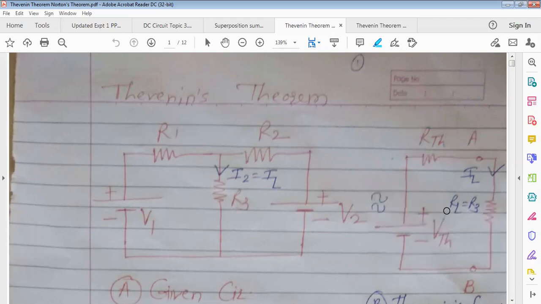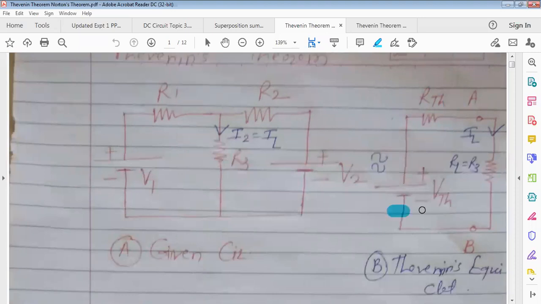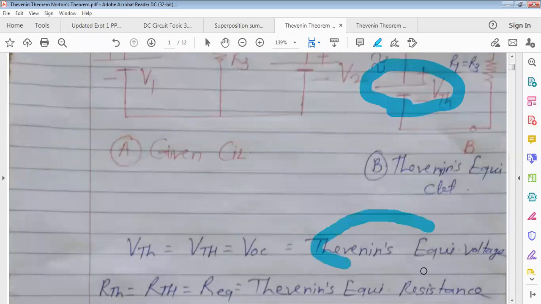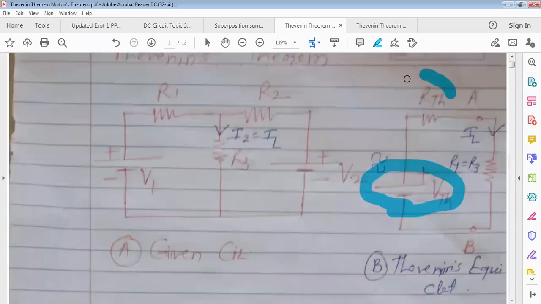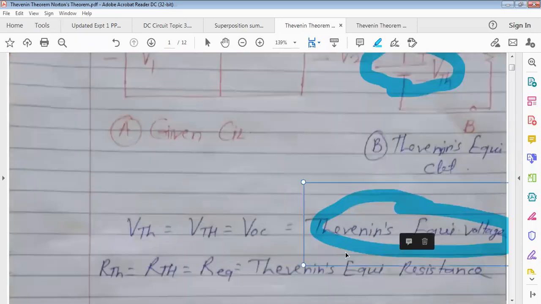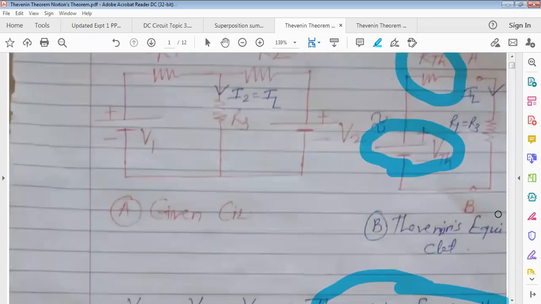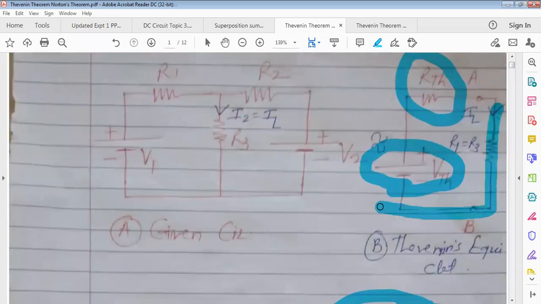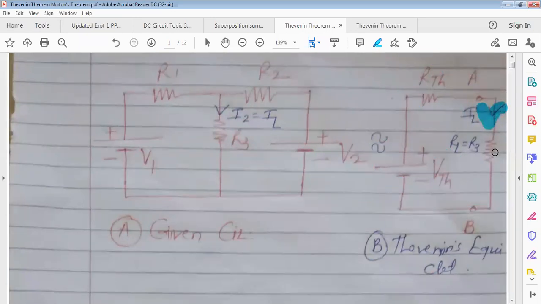Okay, now here this voltage source is called Thevenin's equivalent voltage, and this resistance is called Thevenin's equivalent resistance. And in series with it, you have to connect the load resistance, and the current flowing through that you can represent as IL.